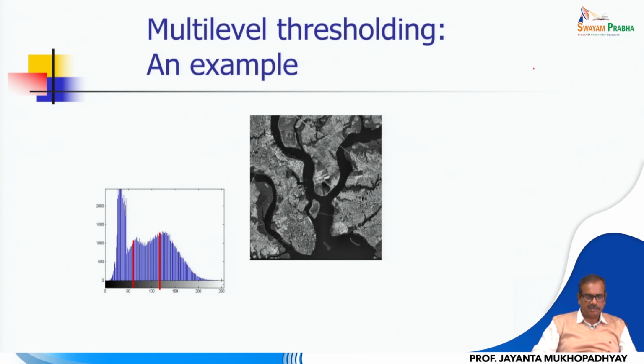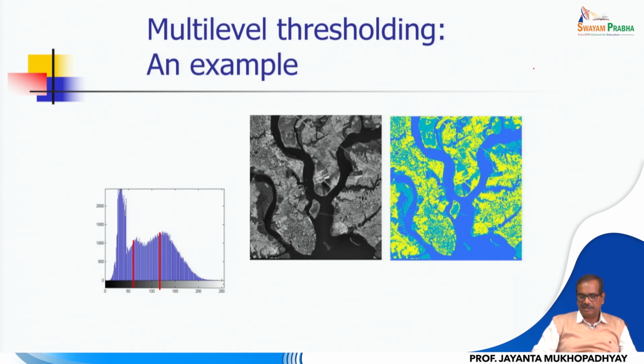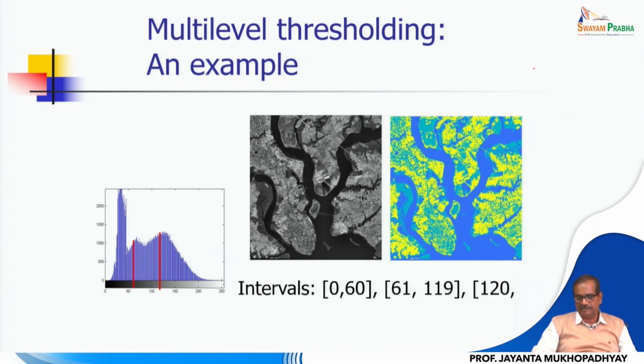These are the thresholds obtained through this parametric estimation. We have considered k equal to 3, and these are the two thresholds obtained in between. This is the segmented result, shown in different colors. Different intervals are displayed with different colors, as you can see.